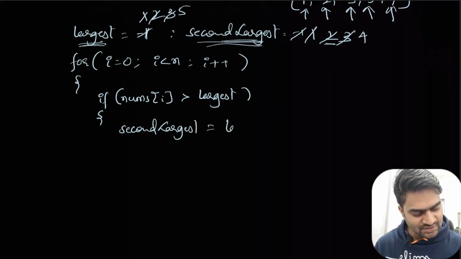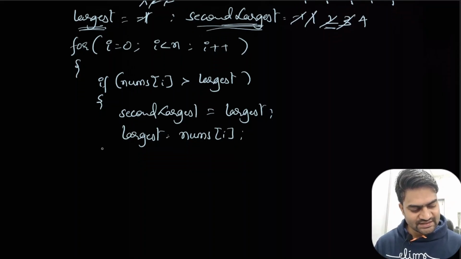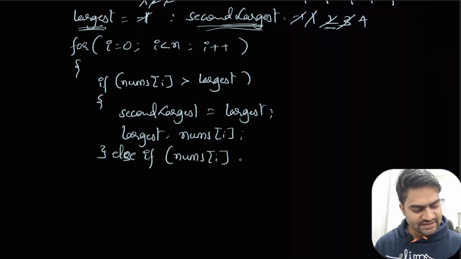Second largest equal to largest and largest equal to nums of I. If this is not the case, then we will have to check one more condition, else if nums of I is greater than second largest.